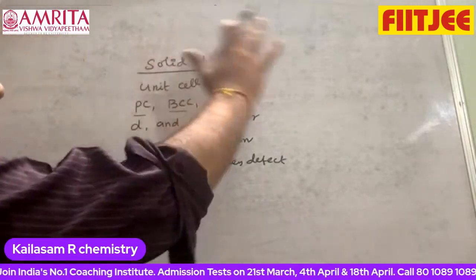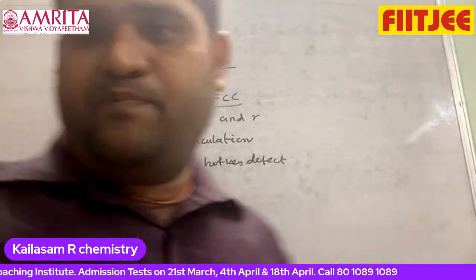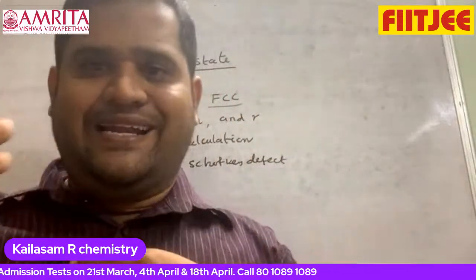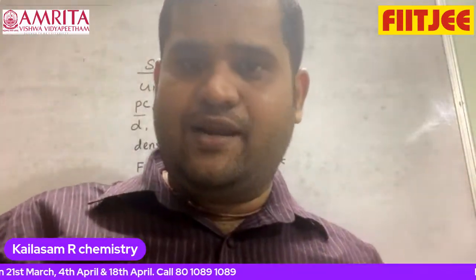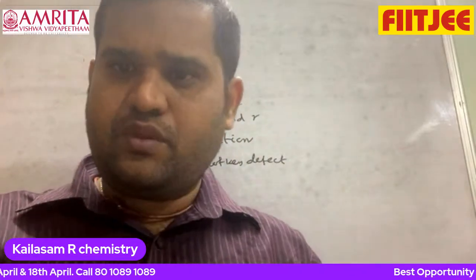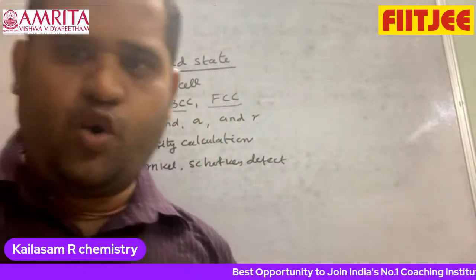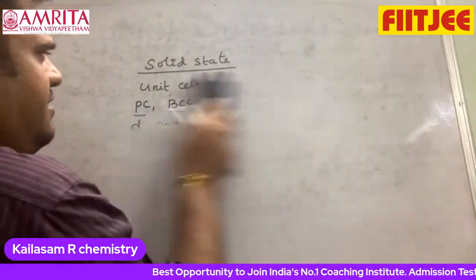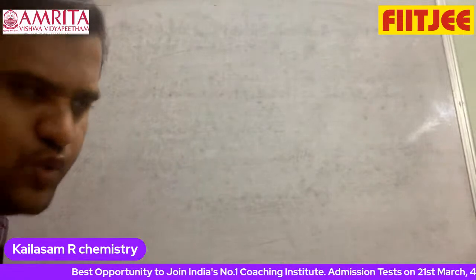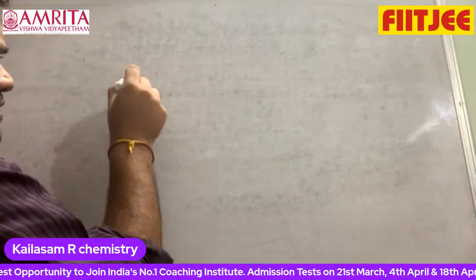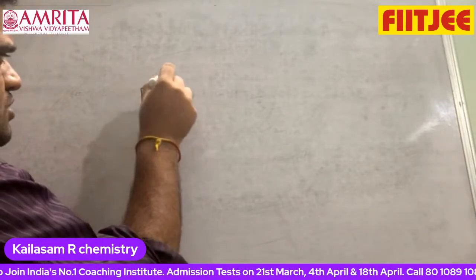If I complete that, the solid state will be over. And what are tetrahedral voids and what are octahedral voids? Right or not? Now we'll go one by one. What is a unit cell? Generally, if I am focusing on the unit cell, that's all. This is the smallest portion.